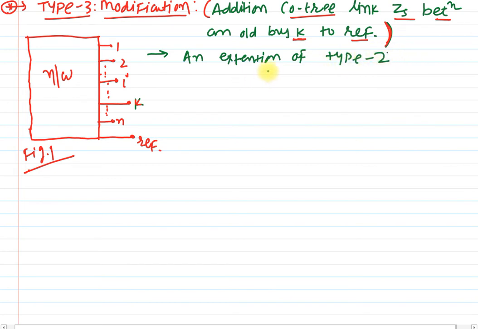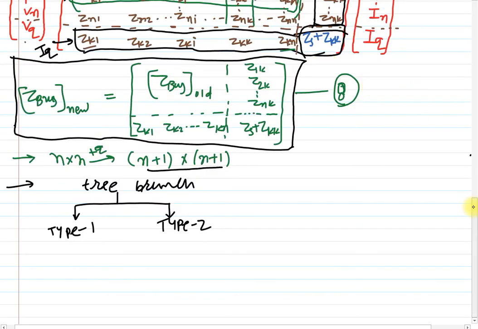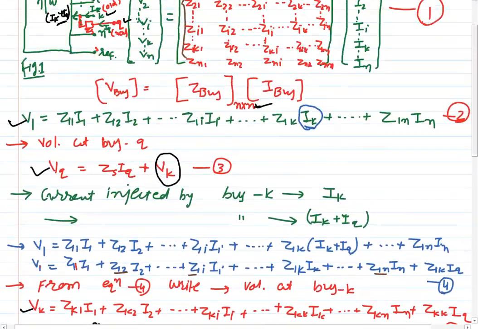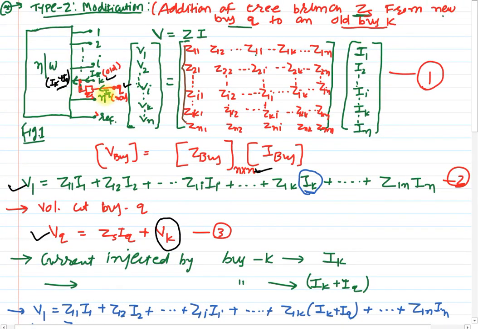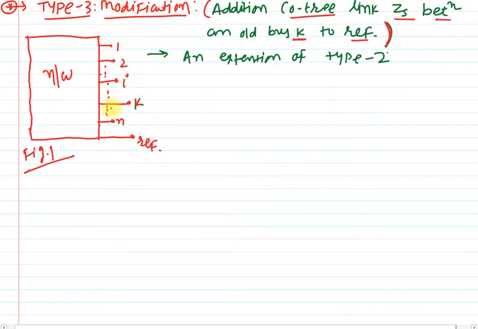In type 2 modification, we have considered the new bus Q, which is added on an old bus K.